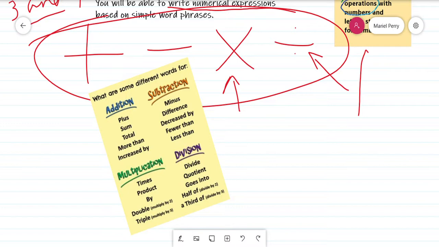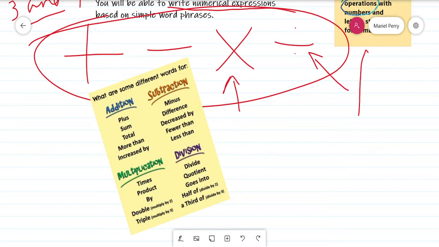Minus, that's a simple one. Difference, or the difference of. Decreased by. Fewer than. And also less than. Less than is a tricky one. We're going to have a huge conversation on that in our next lesson, but right now I just want you to become familiar with some keywords that are utilized in each operation.